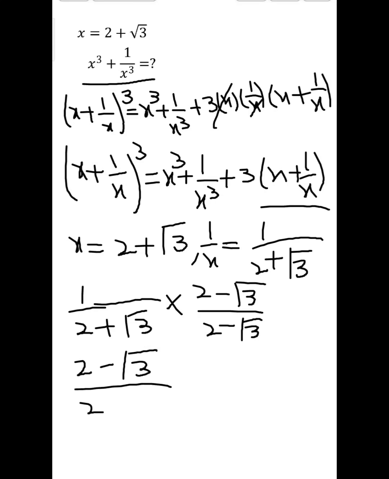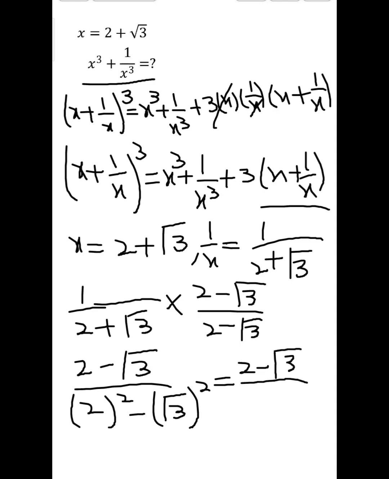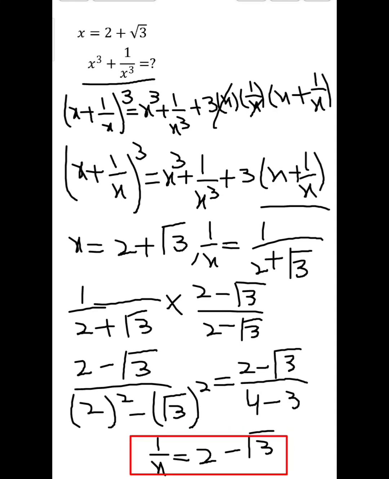It becomes 1 times 2 minus square root 3 over 2 squared minus square root 3 squared. It means 2 minus square root 3 over 4 minus 3, here the square root and square will be cancelled, so 4 minus 3 is equal to 1. So we can say 1 over x is equal to 2 minus square root 3.